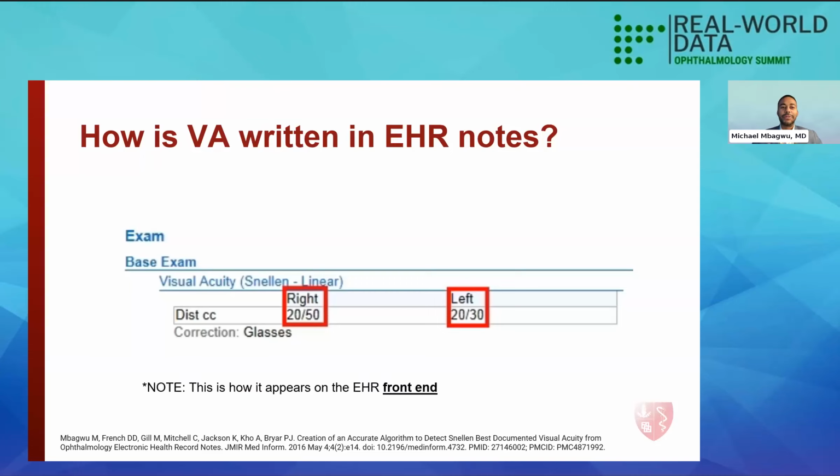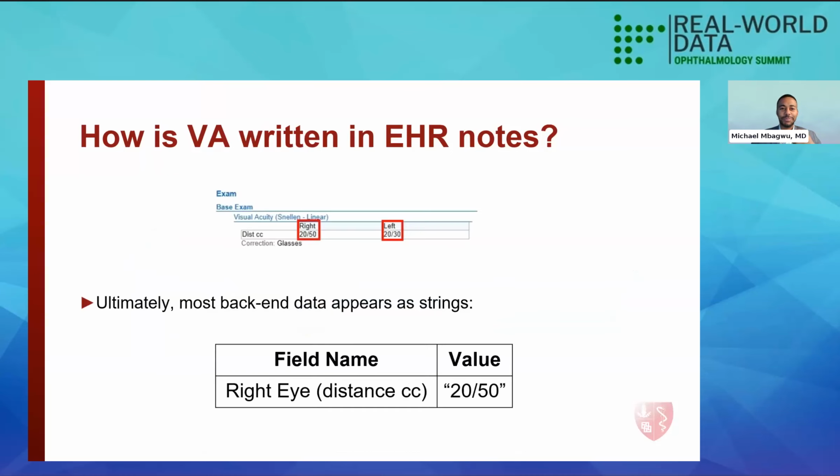But perhaps one of the most important things to remember is this is how visual acuity appears on the EHR front end. Most of us who are clinicians on this call will know exactly how that is, but really back-end data is what matters most, at least as it pertains to manipulatable data that we can drive conclusions from or do studies on. Now, here it's mostly in the form of strings.